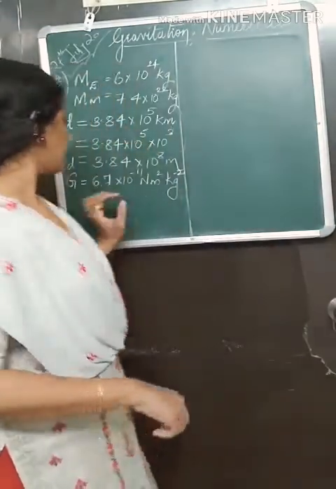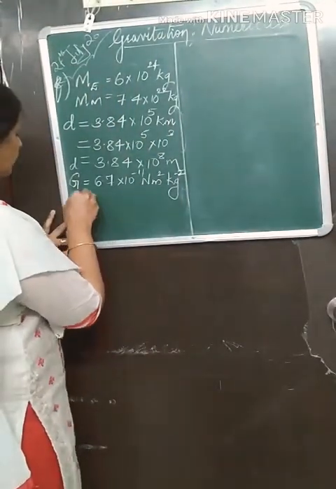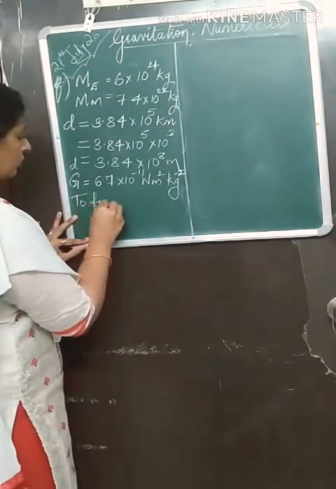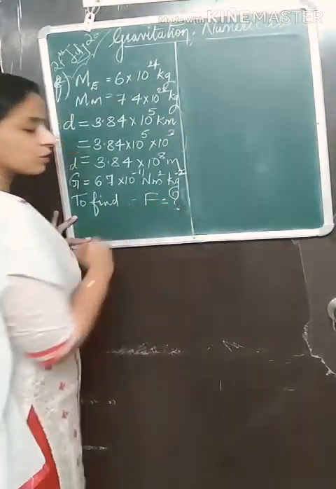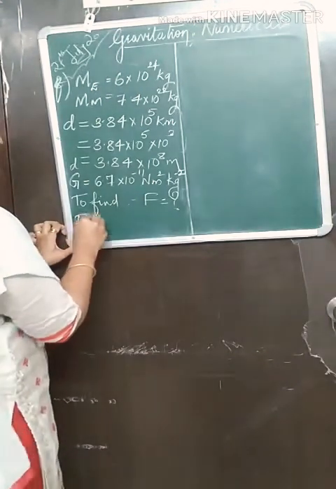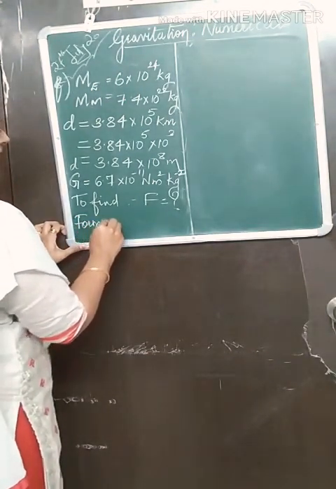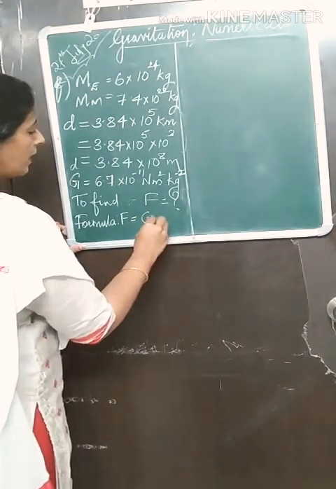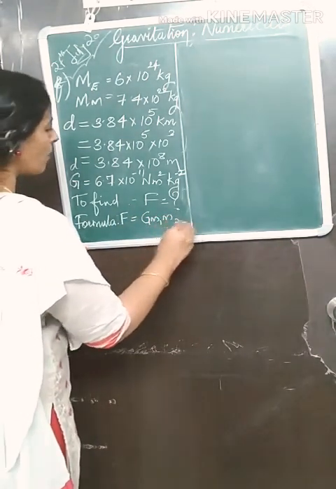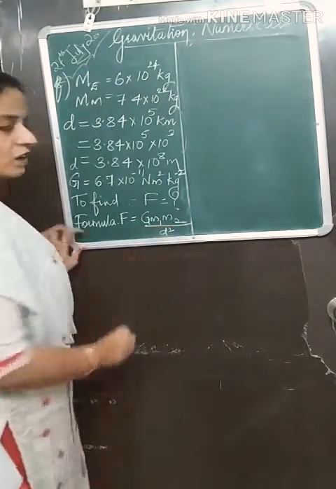Let's start. The formula to find what is asked? The force, so capital F question mark. The formula will be F is equal to G M1 M2 upon d square or r square.